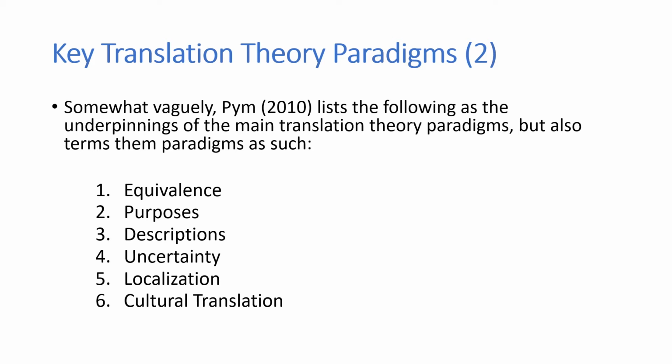First of all, equivalence. Obviously, when we look at translation, we're looking at a source text or an original piece of literature or textual artifact, and we also look side by side with this. We traditionally have understood translation as a textual artifact produced on the basis of an original text by a translator.